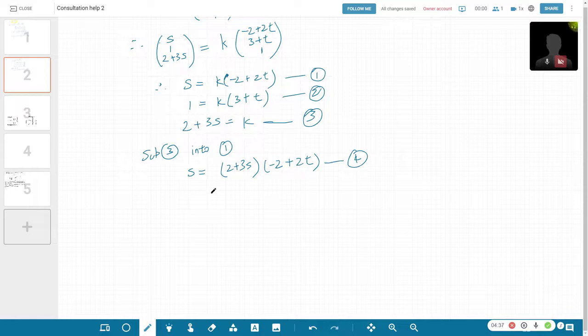Or, because equations 1 and 2 are in terms of S and t already, I can also take 1 divided by 2. Yes, it'll be a bit better. If I take 1 divided by 2, I will also get S. So I will get S equals minus 2 plus 2t over 3 plus t. Let this be equation 5.